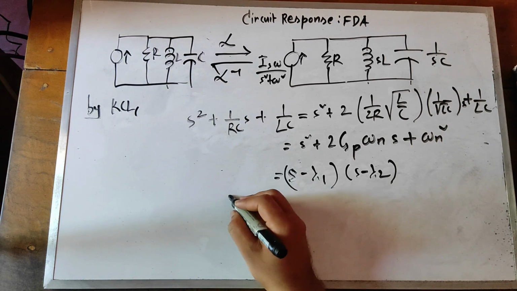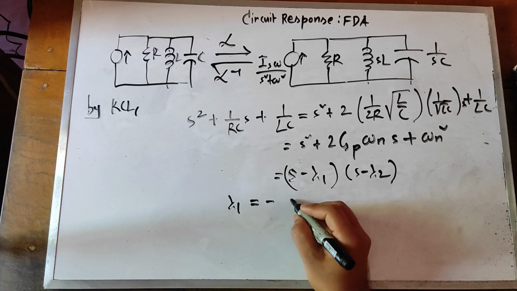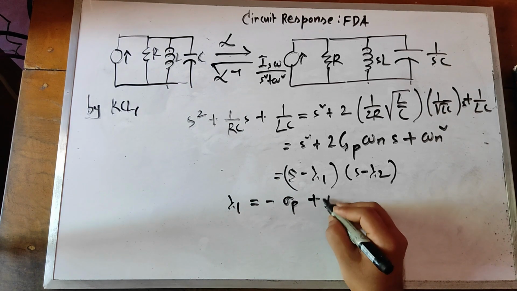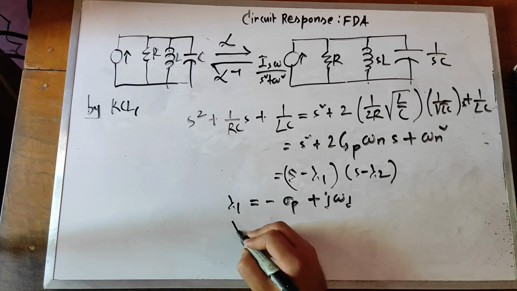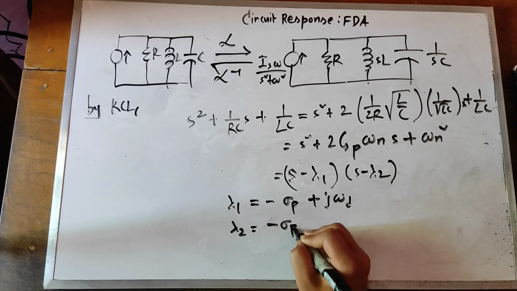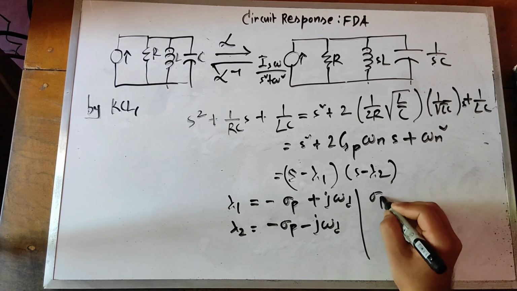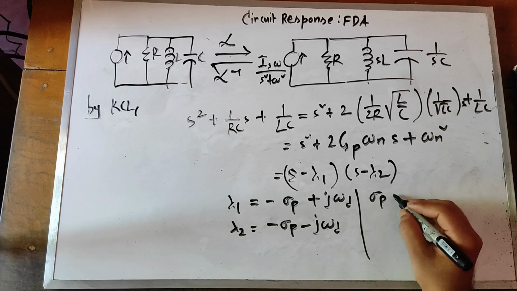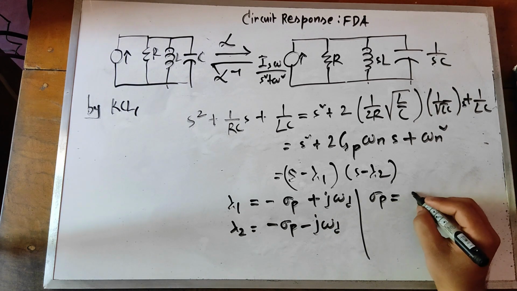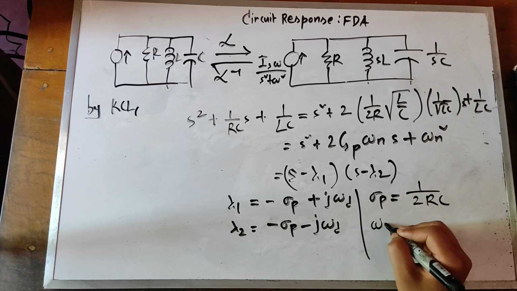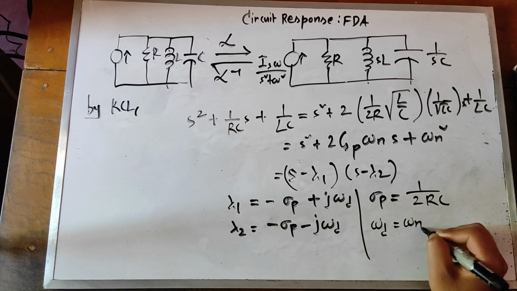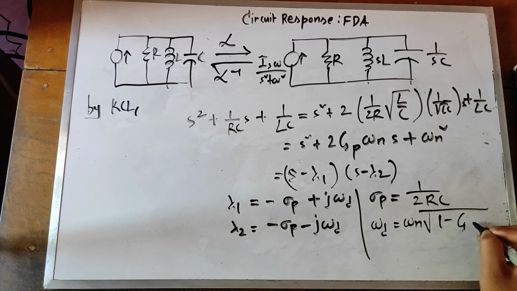Yes, so here lambda 1 equals minus sigma p plus j omega d, and lambda 2 is minus sigma p minus j omega d, where sigma p is the damping coefficient for the parallel RLC circuit, which is 1 by 2RC, and omega d for this is omega n root of 1 minus psi p squared.